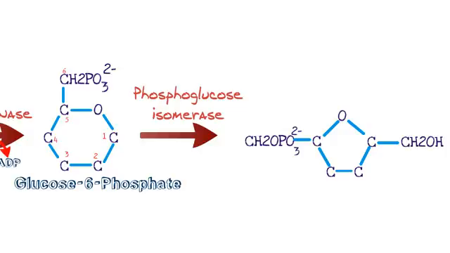Still note there are 6 carbons present, but now we have a central pentagon instead of that hexagon we had with glucose. So what this is called is fructose 6-phosphate. The pentagon represents fructose, an isomer of glucose, and we have the phosphate group on the 6th carbon. So this is called fructose 6-phosphate.